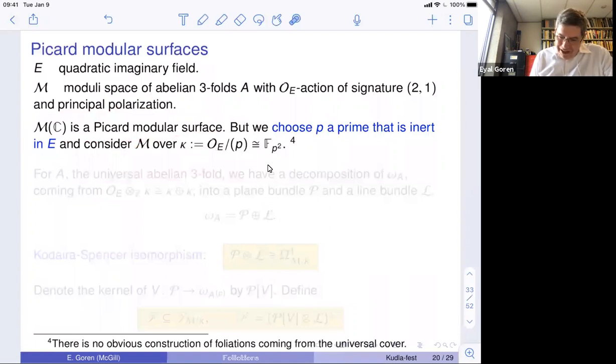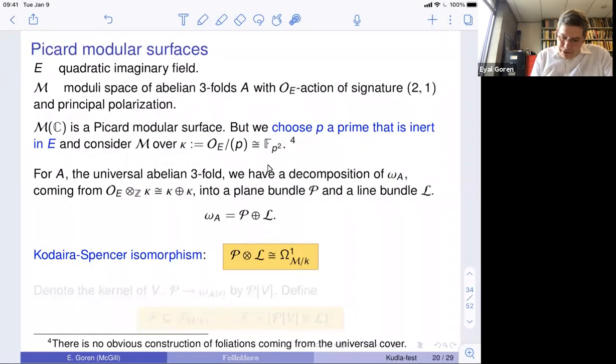At any rate, we choose a prime which is inert in this field, and I'm changing notation and simply consider M over the residue field of O_E, which is a field with p squared elements. In this case, there's no obvious construction of foliations coming from characteristic 0, and that's why we need to introduce a new tool to define foliations.